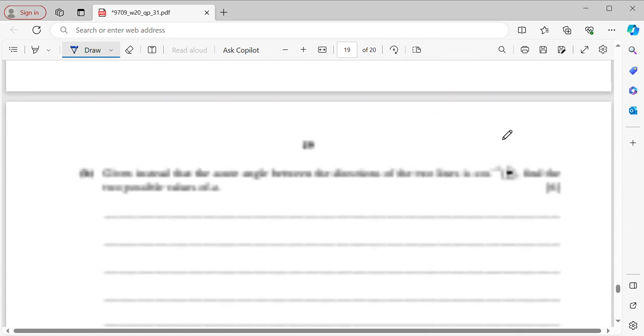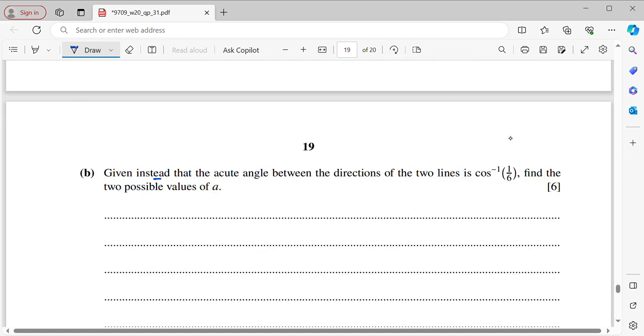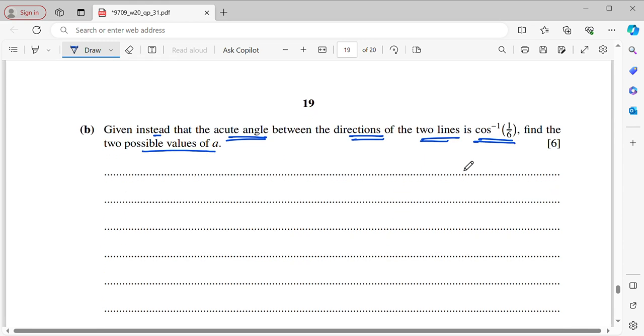Now, next part. B, given instead the acute angle between the directions of the two lines is inverse cos 1 over 6. Find the two possible values of A. Okay, so now let's say this is the first line, L1, L2. This is the b1 direction vector.